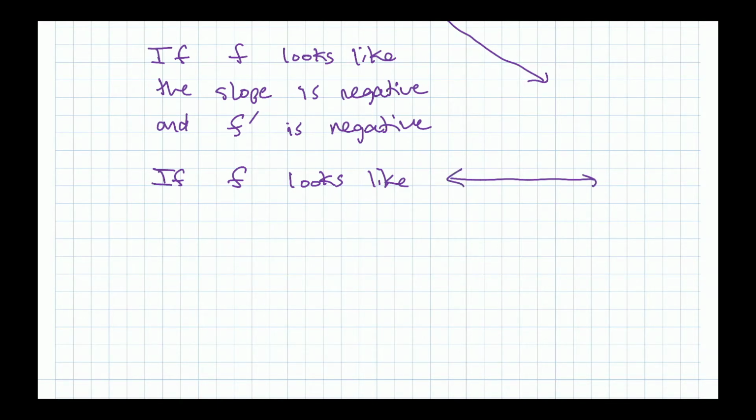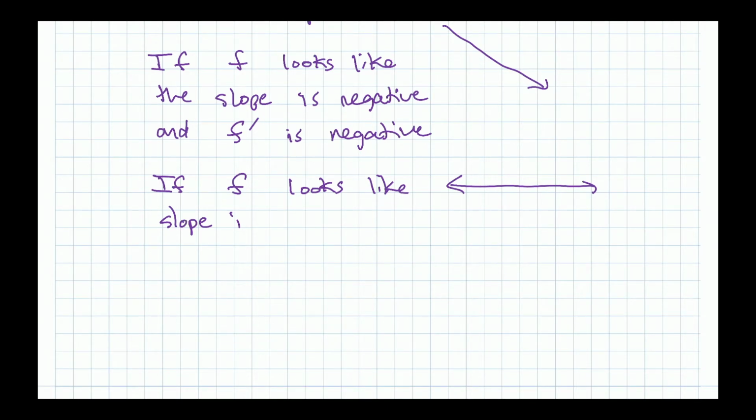What's the slope there? Slope is actually 0. Slope is 0. What's that mean? It means f prime is 0 as well. Okay, and so those basic ideas actually let you draw the graph.